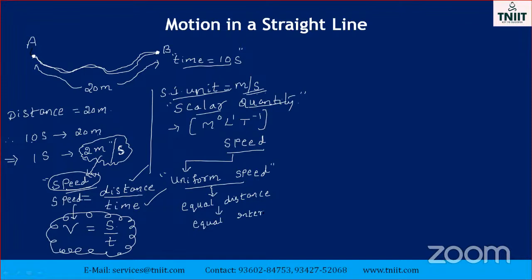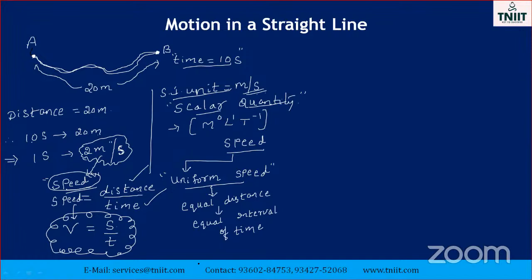Suppose the particle is not covering equal distances in equal intervals of time, then it is said to be a non-uniform speed.